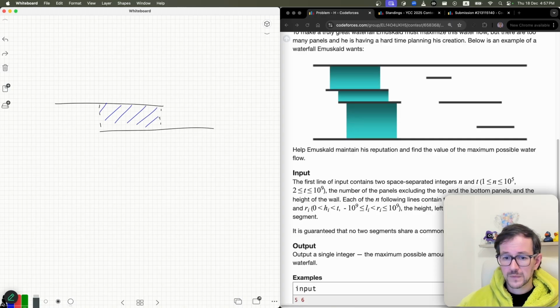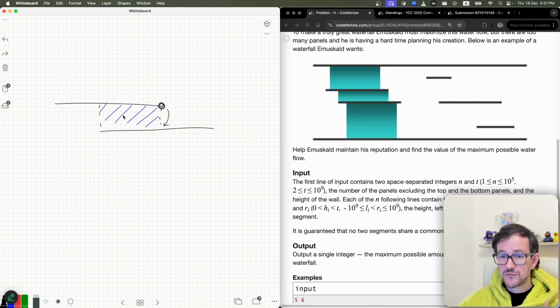So I will go left to right with the sweep line. When I find this point, where one of the segments ends, I will find the closest segment to the left which has not ended yet, and try to check if this region is empty.